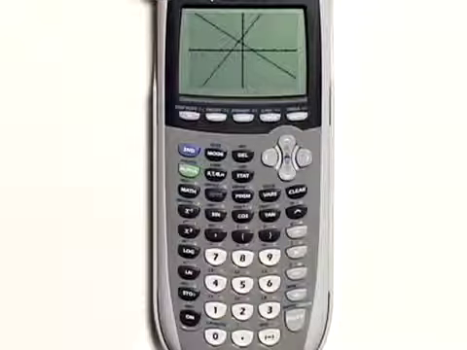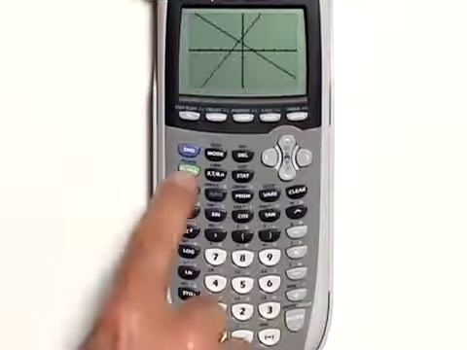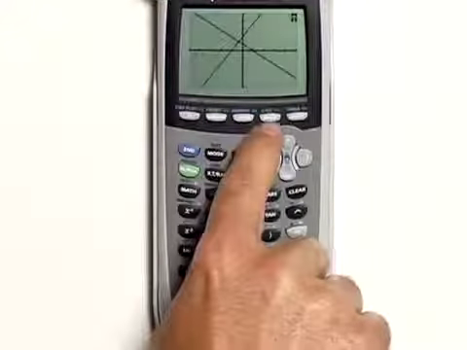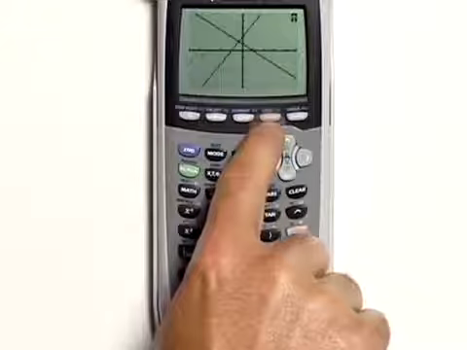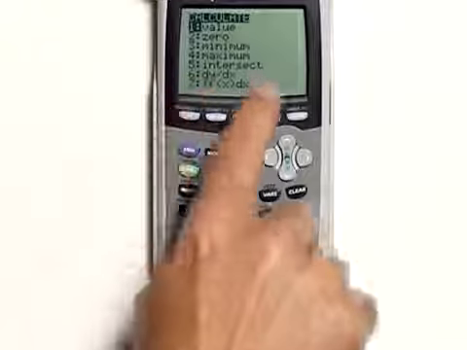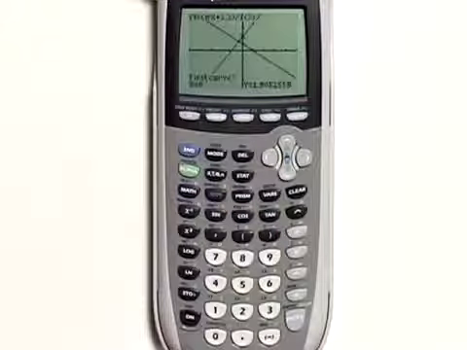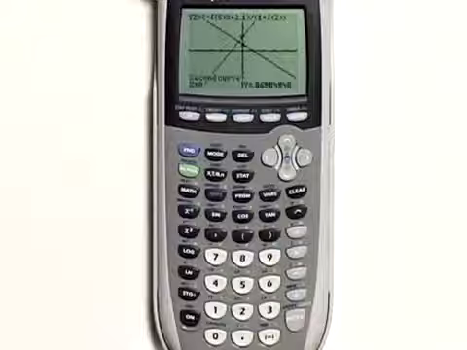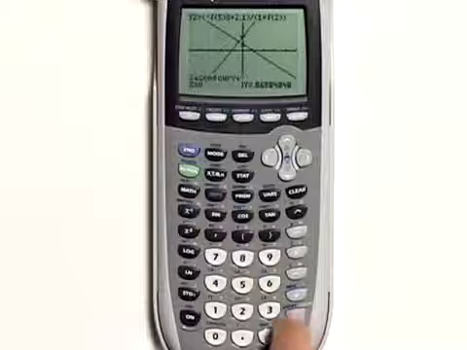To find the intersection, what we do is hit the second key and then the calculate key, which says trace in white and calc in blue. And then we hit the number 5, which is the intersect. What it's going to ask us is what's the first curve, and it's giving us y sub 1, and that's the correct one, so we hit enter. It asks us for the second curve, and that's y sub 2, and that's what it's giving us, so we hit enter.